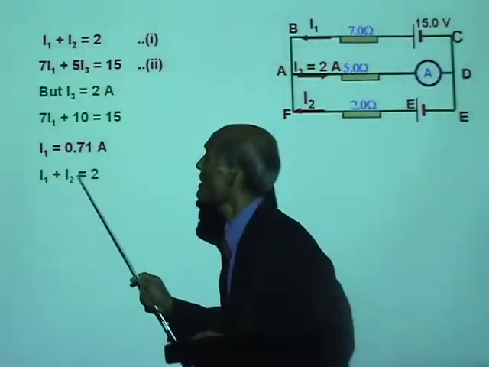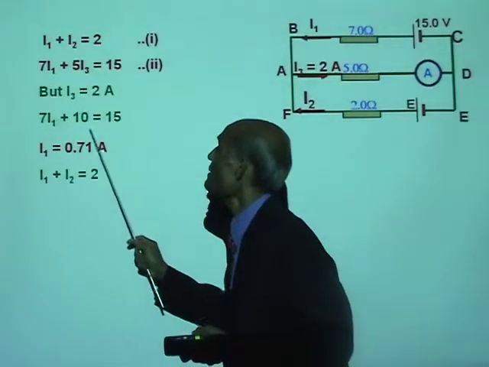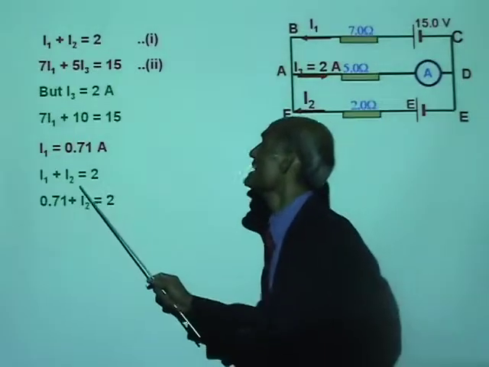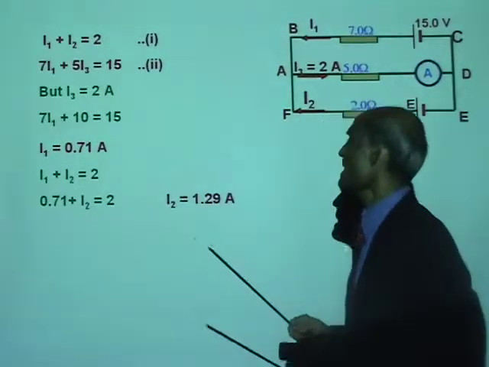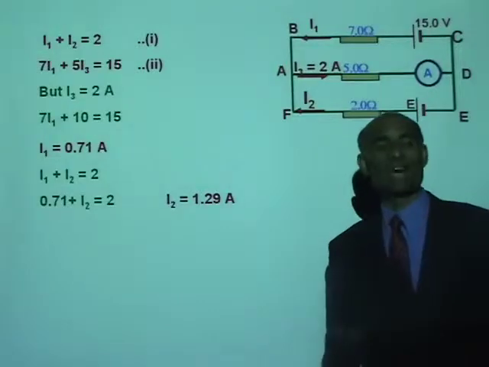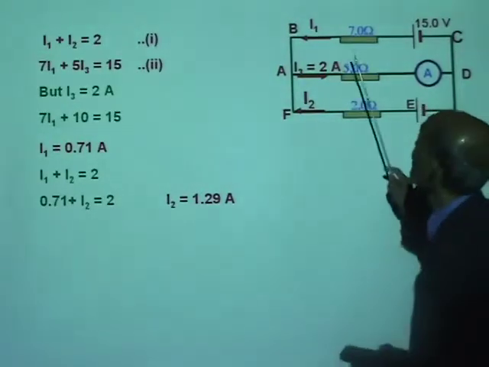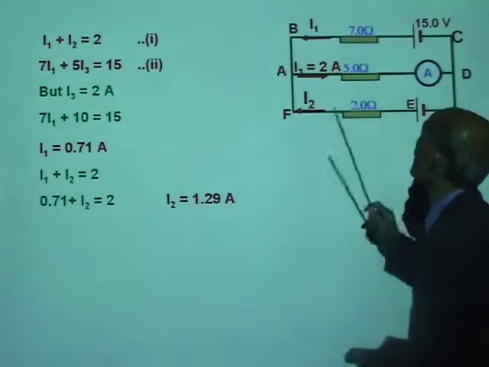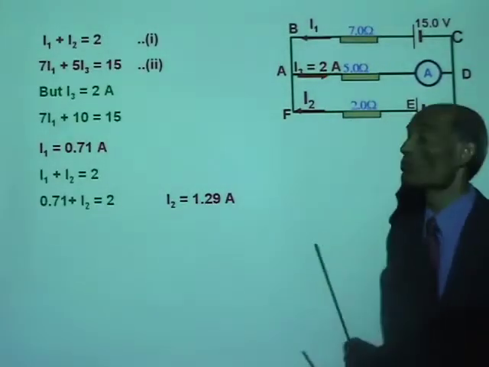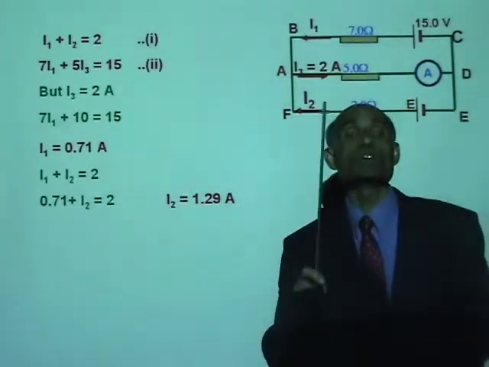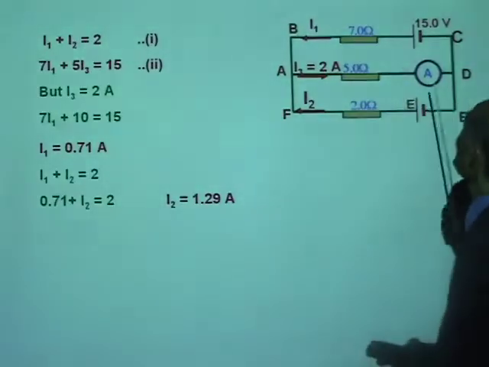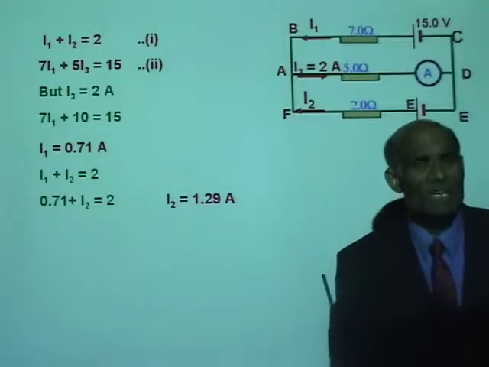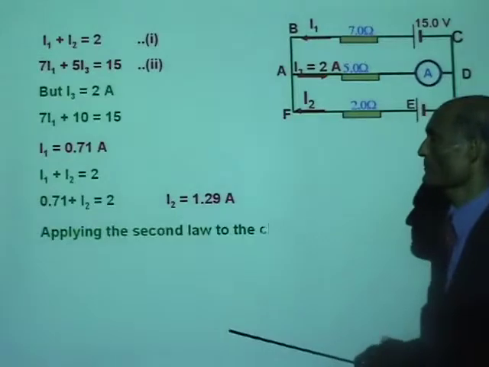So if I1 plus I2 equal to 2 and I1 equal to 0.71 ampere, what is I2 equal to? I2 is 1.29 ampere. So now you know all the three currents, we need to find the EMF E, which means we now need to use a closed loop that contains that cell. Can you give me a closed loop and help me set up the equation there?